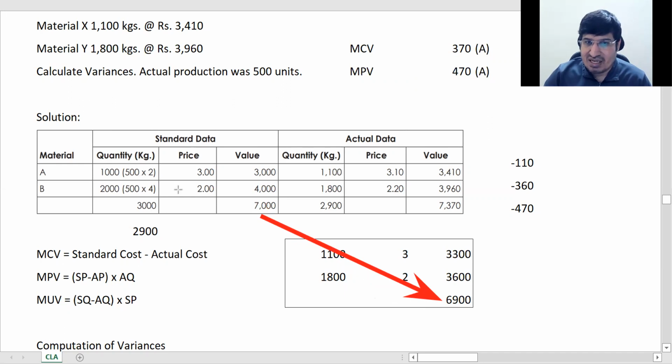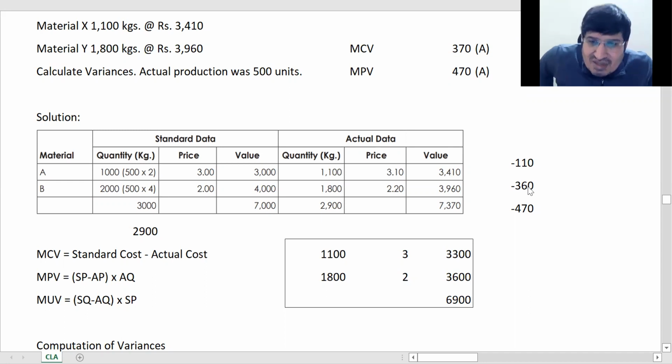ठीक है, यहाँ पे हम क्या देख रहे हैं? Difference between your 7,000 and 6,900. We have eliminated price variance, or now we have got actuals at standard price. Okay, so इसमें और इसमें जो difference आ रहा है, that should be because of usage, correct? So 7,000 minus 6,900. What will it be? Adverse or favorable? बताओ. 7,000 minus 6,900.